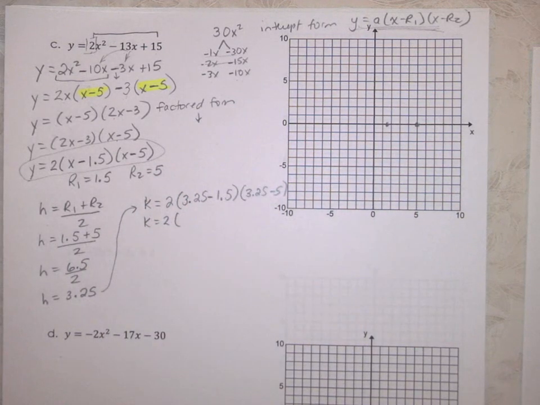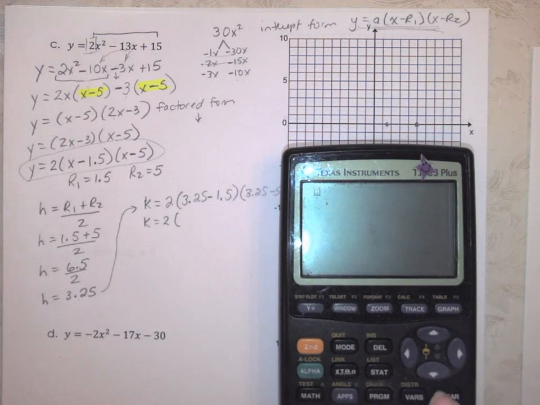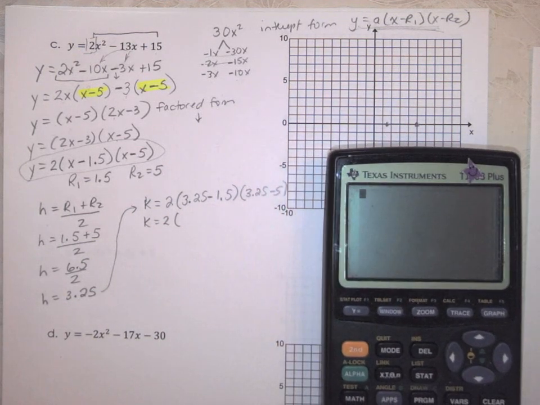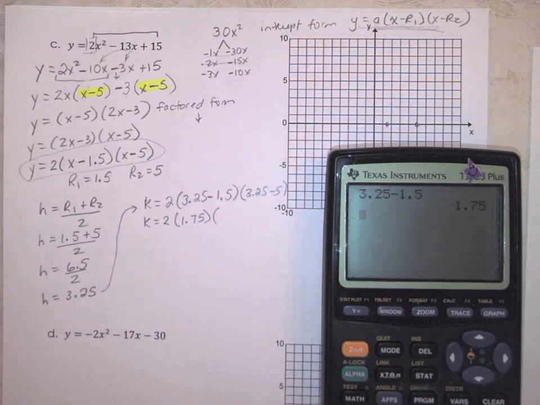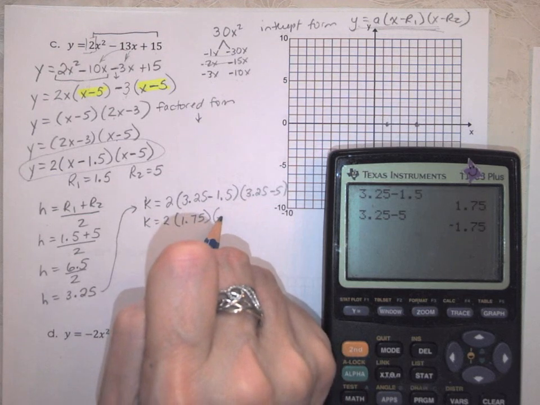So then I'm going to get my calculator. 3.25 minus 1.5 is 1.75. And 3.25 minus 5 is negative 1.75.